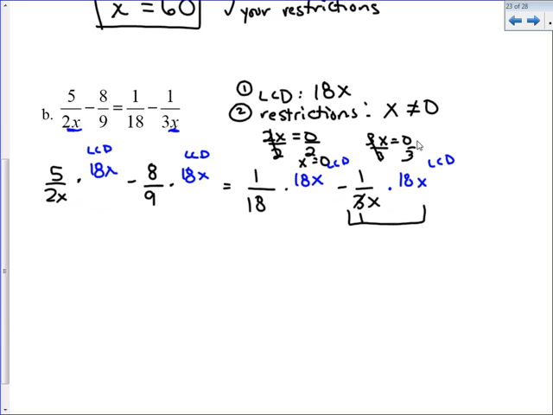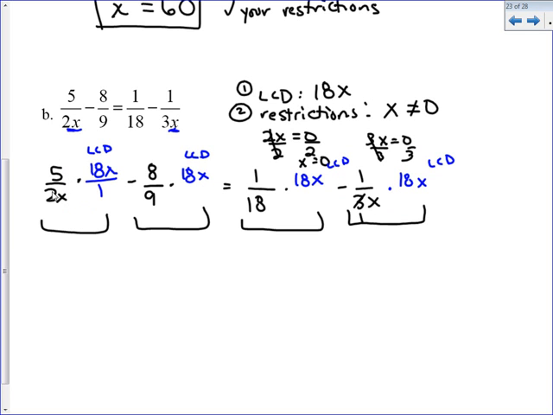So now when we go through, and this is where you'll tell if you have the right LCD or not, or a common denominator. Maybe it's not the lowest common, but common will work. When I go through and multiply these out, I should get denominators to cancel completely. If they don't cancel completely, that's when I know there's a problem. So we've got 4 different things to simplify. And again, if you want, you could certainly put that 18x over 1.